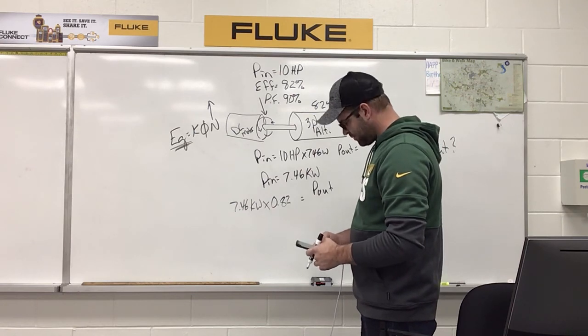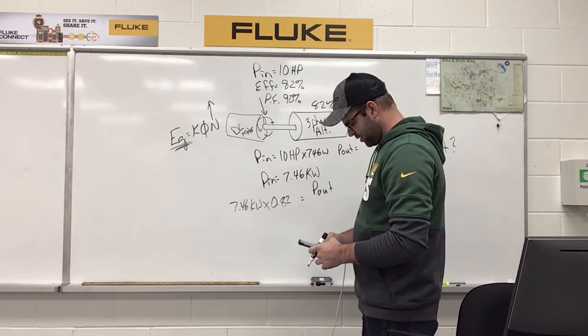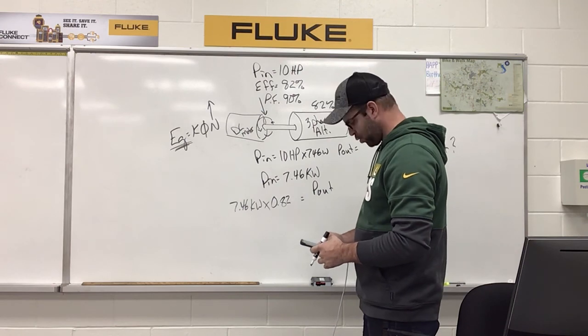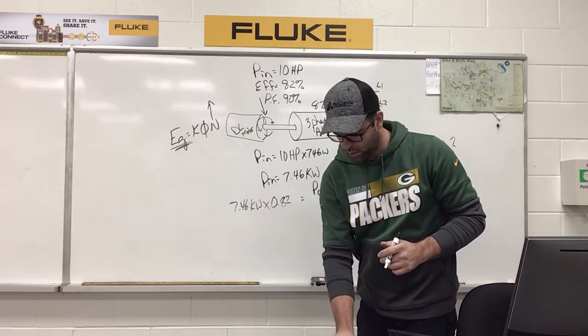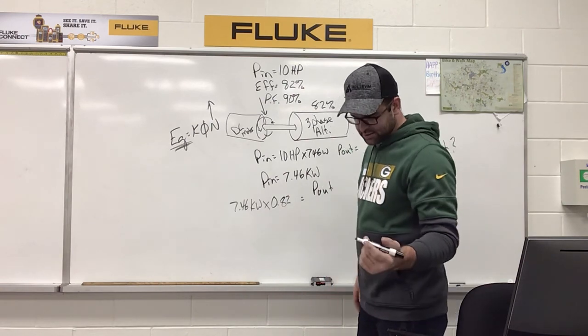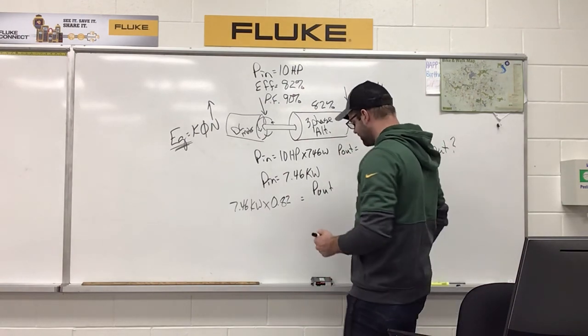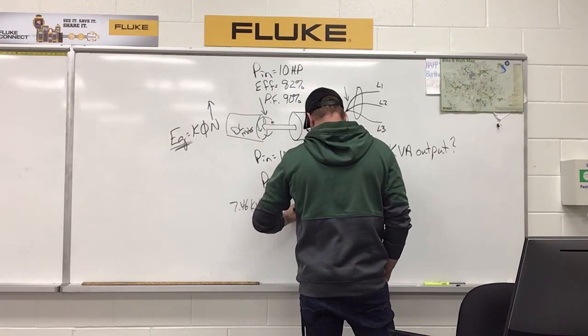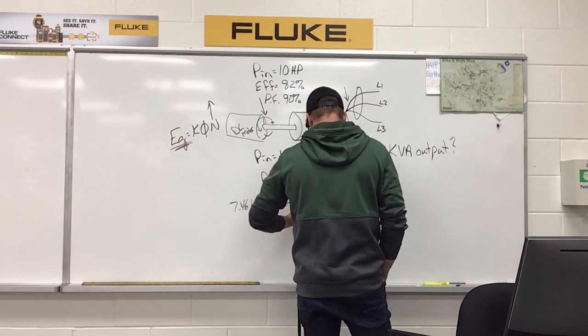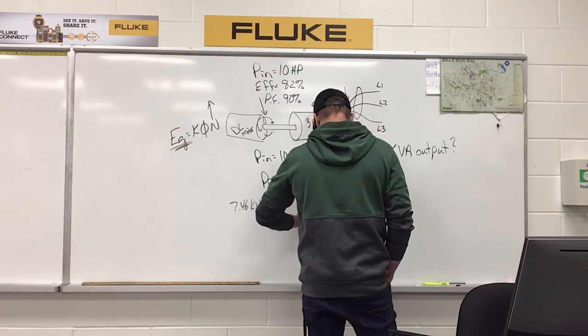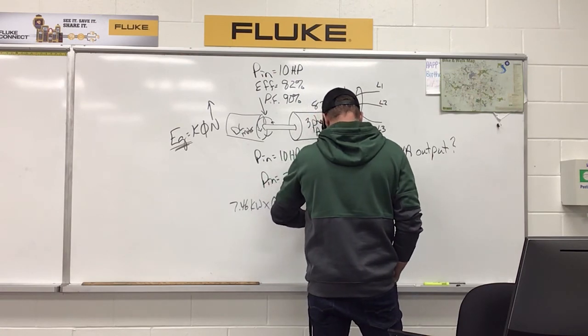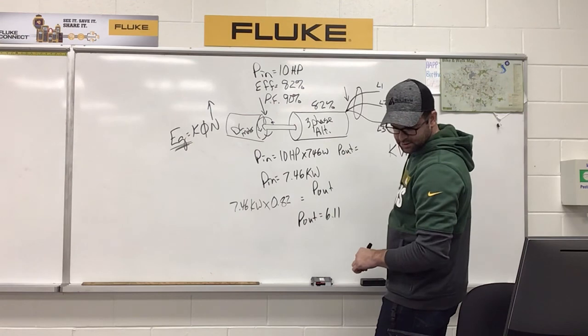So we have 7.46 kilowatts times 0.82. So we get 6.117. I'll leave the extra digit in there just to make it a little more accurate. So our power out is equal to 6.117.